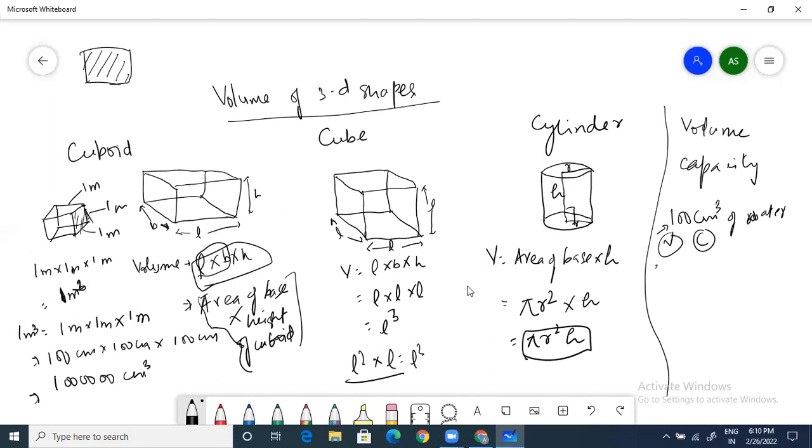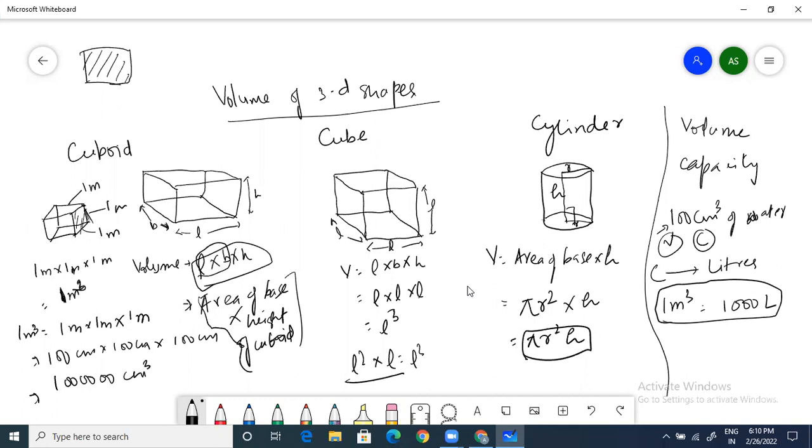However, capacity is sometimes measured in liters also. Now, what is the relationship between meter cube, centimeter cube, and liter? This is something we need to understand. 1 meter cube is equal to 1000 liters. Just know this concept, it is very important.